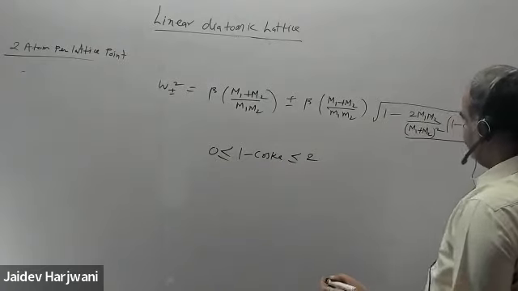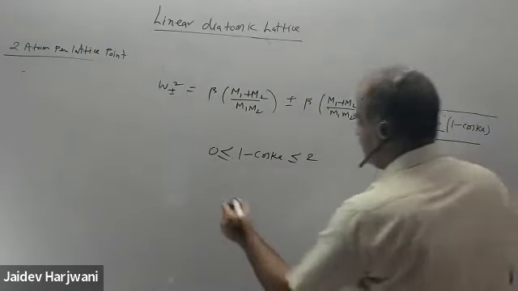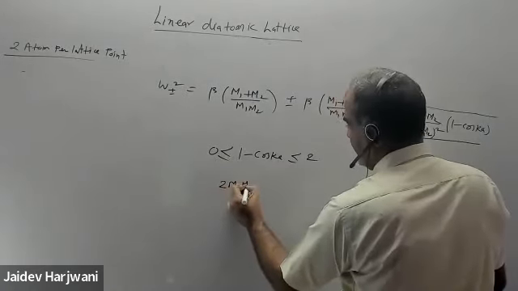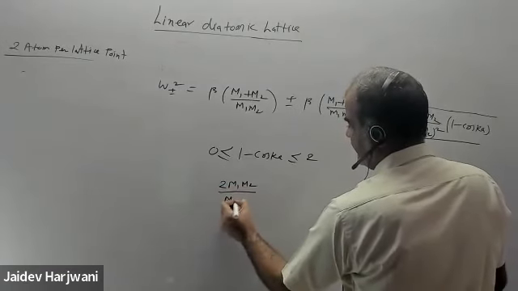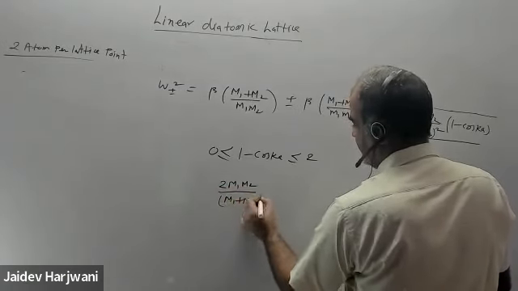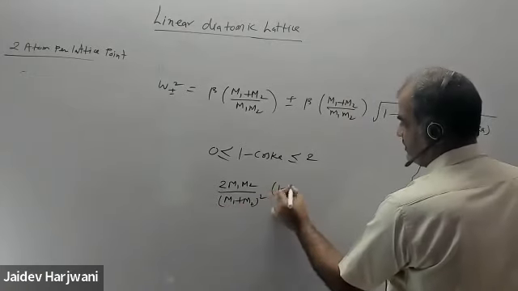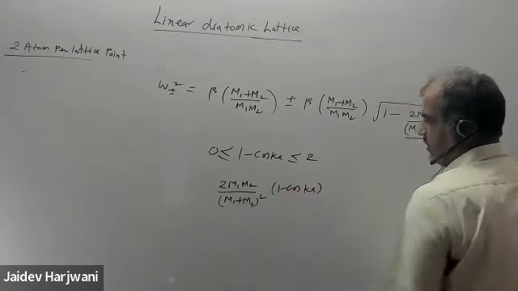So suppose now I want to write this as 2 m1 m2 upon (m1 plus m2) whole square, times 1 minus cos k.